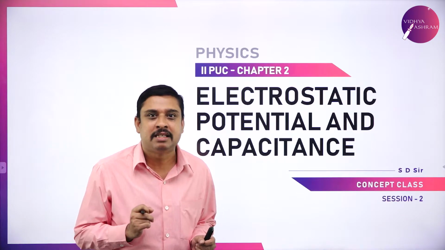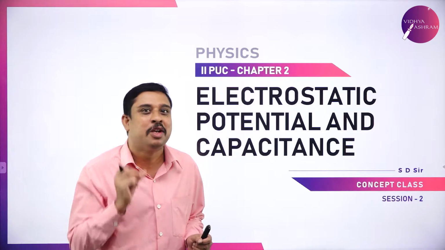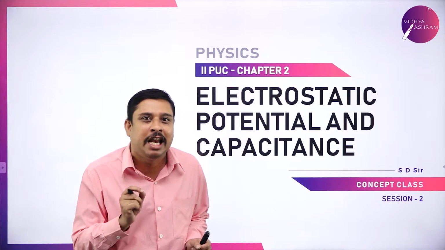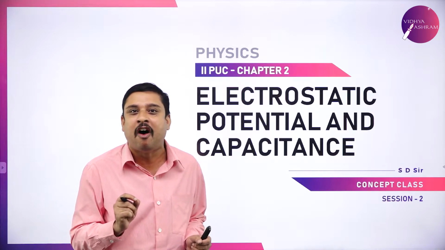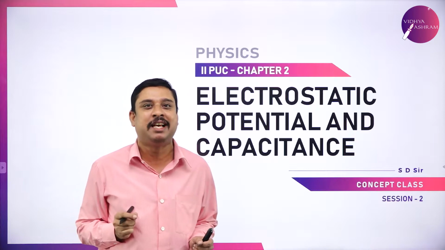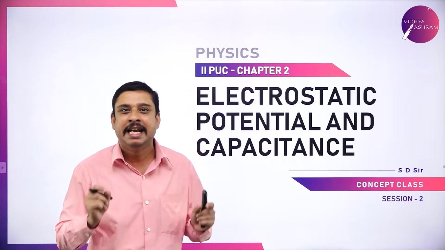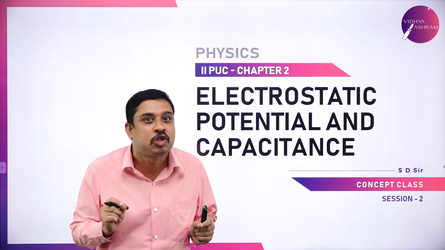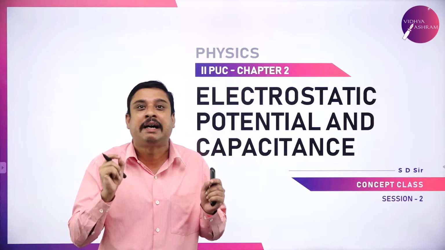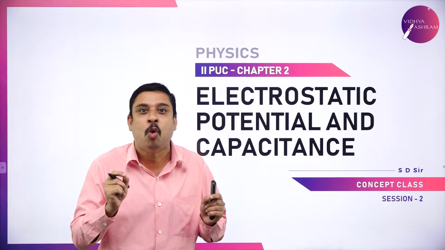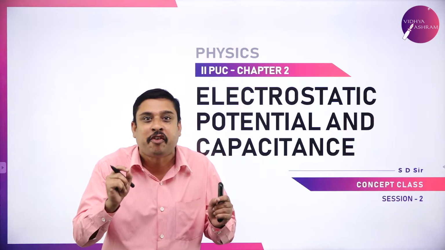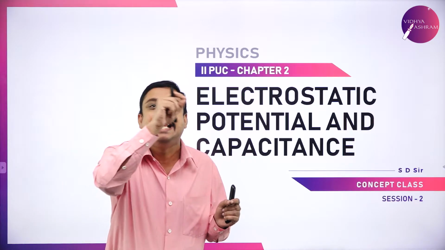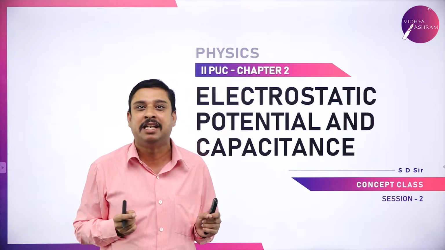Before we start on that book work, we will recall the definition of electric potential, where we told it is the work done. Again, I highlight that term: work done to move a charge from infinity to a point inside the electric field.